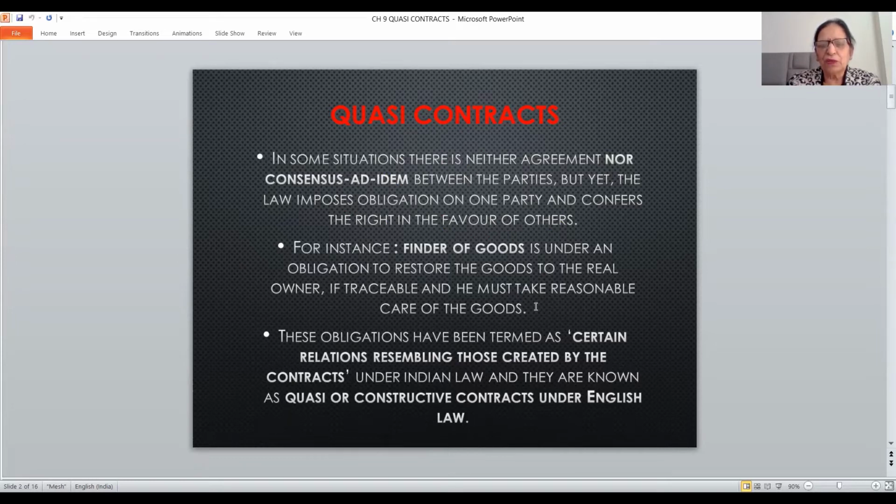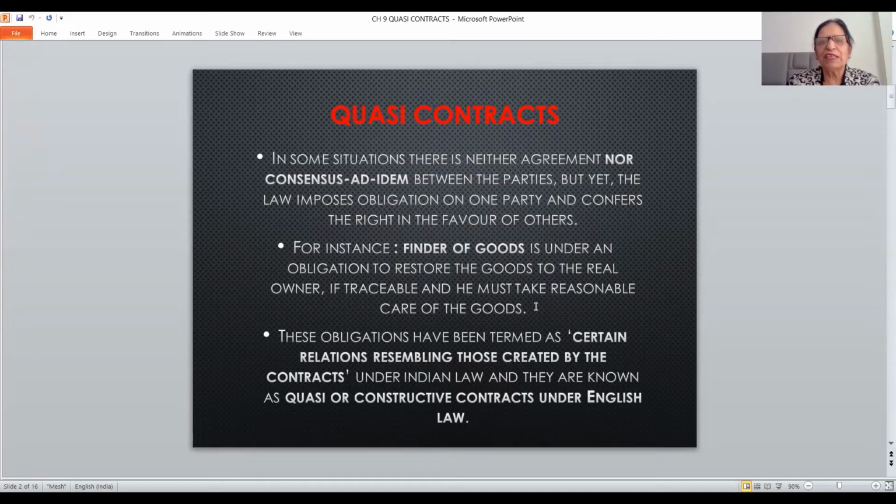So in today's video class, I'll be teaching you what is the meaning of quasi contracts, and then after that, what are the different types or kinds of quasi contractual obligations. In some situations, there is neither agreement nor consensus ad idem between the parties, but yet the law imposes some obligations on one party and confers the rights in favor of others.